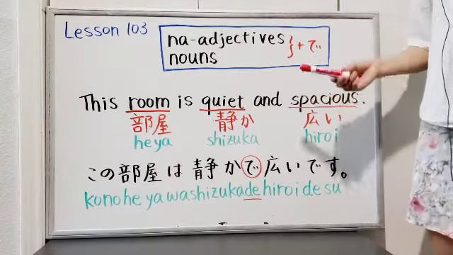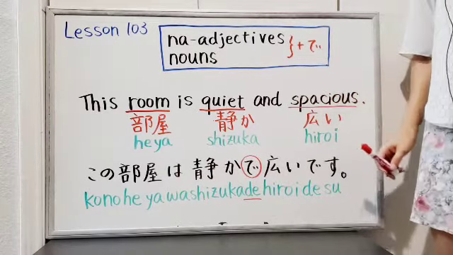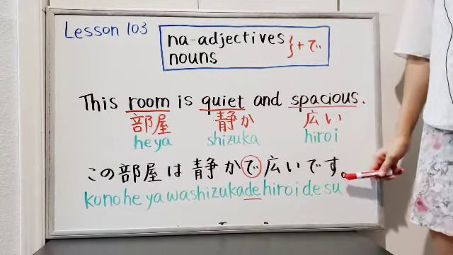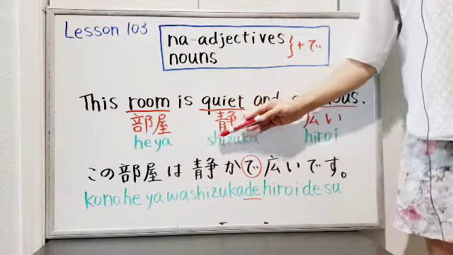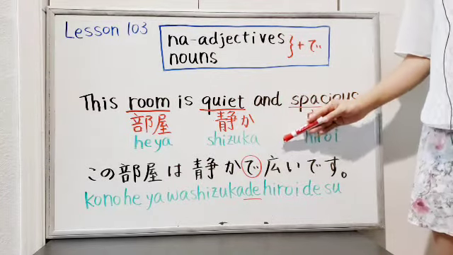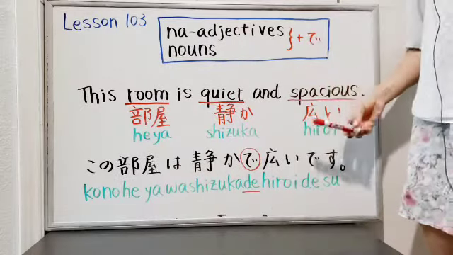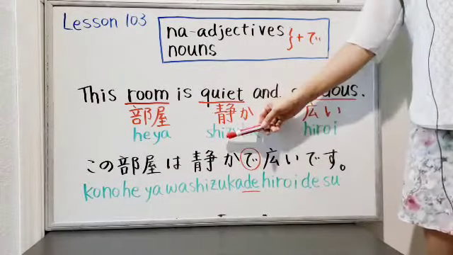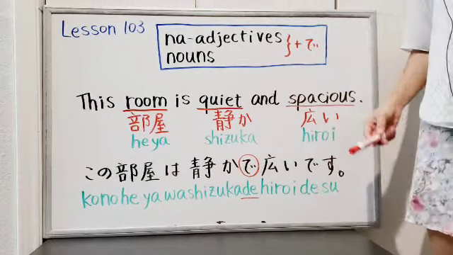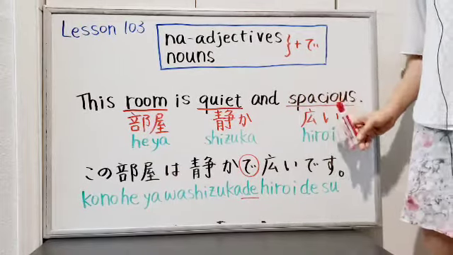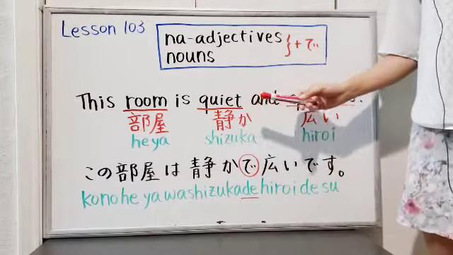If you want to say this sentence in Japanese, you can say この部屋は静かで広いです。 You cannot say この部屋は静か、広いです。 As we just learned, we may need to add で after an adjective.